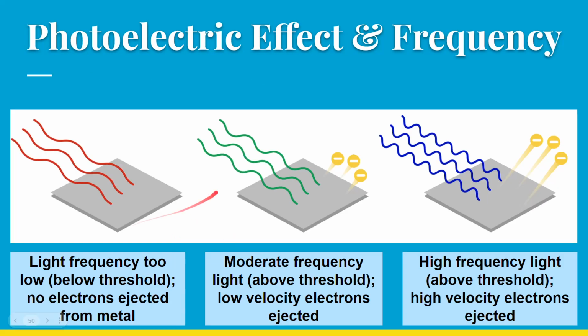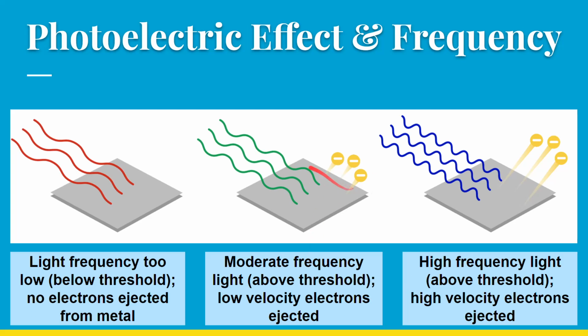So again, this is kind of what they saw. They had these light frequencies that were too low, like red light. No electrons were ejected, even if they shined the light on it for a long time, even if they shined really bright light. If it was red, it didn't matter. But as you got toward the other end of the visible spectrum, the colors of the rainbow closer to violet, those moderate frequencies and especially those high frequencies, you did have electrons that were ejected.